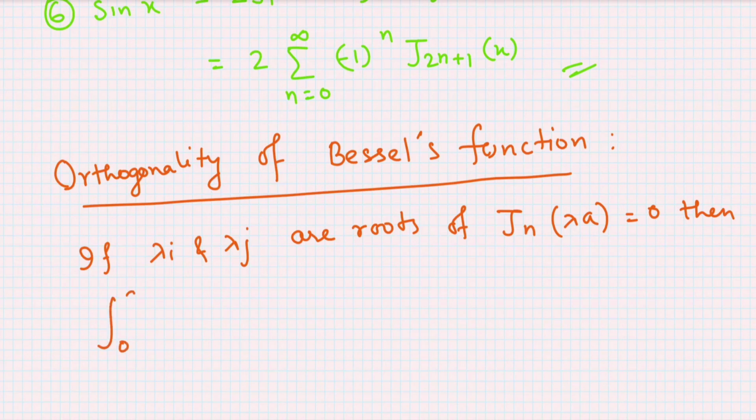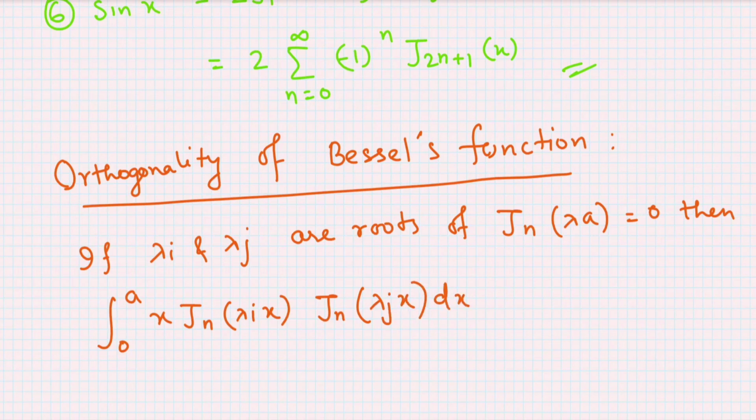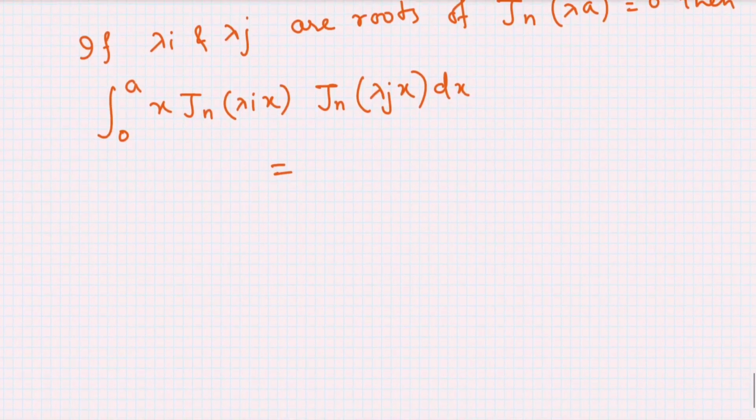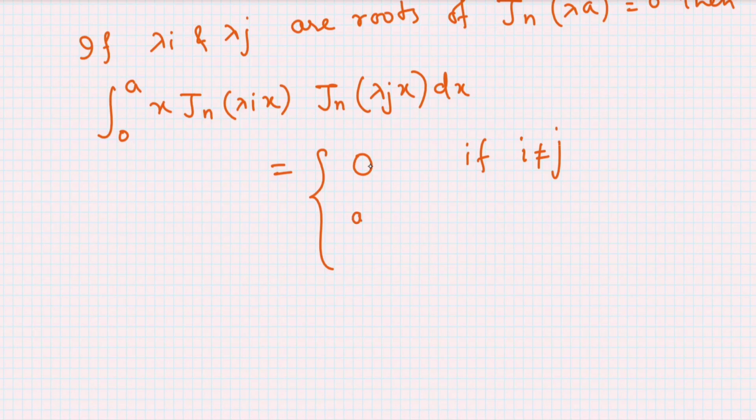the integration 0 to a of x Jn(lambda i x) into Jn(lambda j x) dx, we can write this is equal to 0 if i not equal to j, and a square by 2 J n plus 1 square lambda i a if i equal to j.